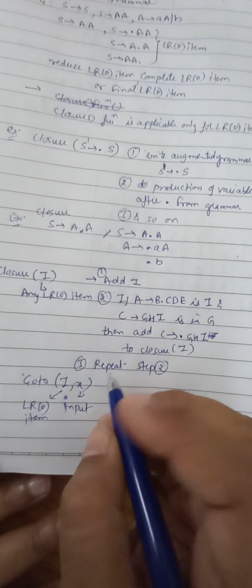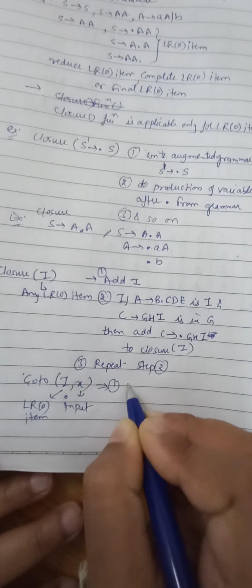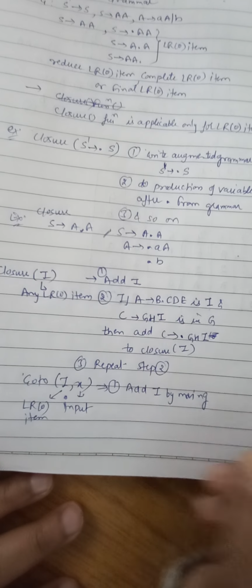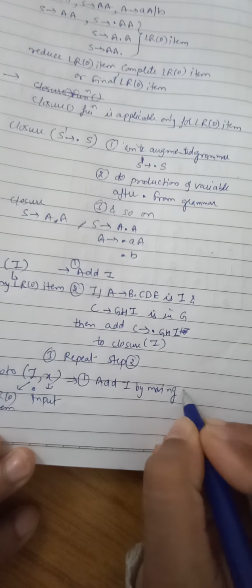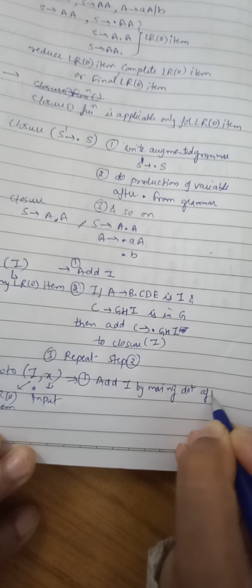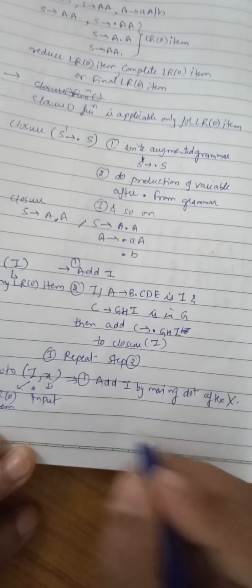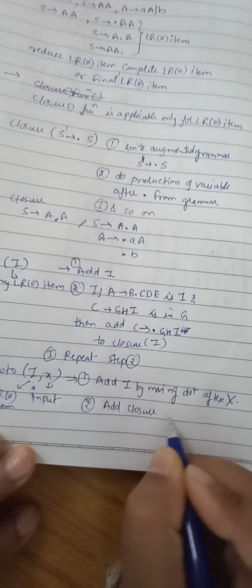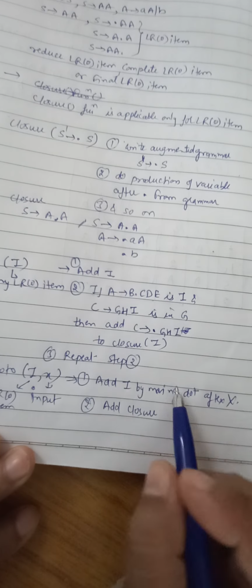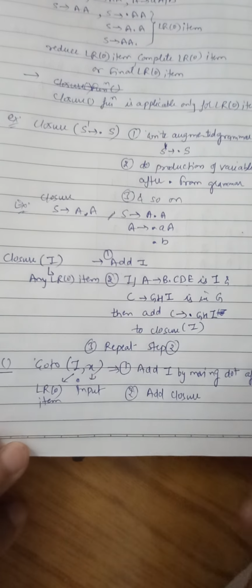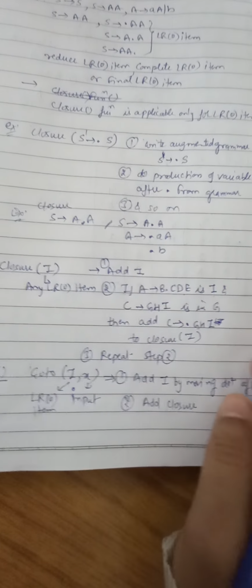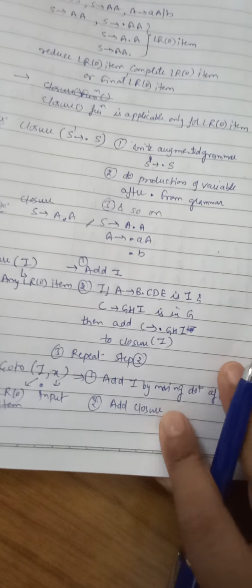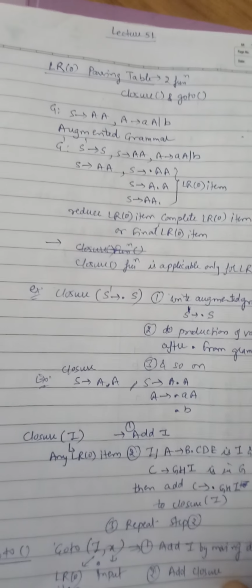So what we need to do is, first, add I by moving the dot after X, and the second thing is to add the closure, like we have done here. So these are the two steps for Goto: add I by moving the dot after X, and add the closure. These are the two functions which we are going to use in making the LR0 parsing table.